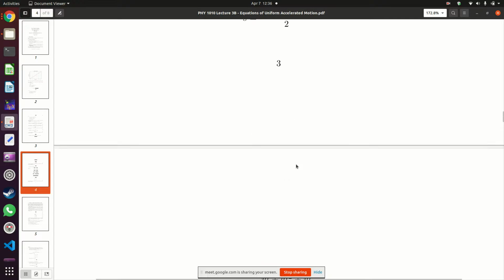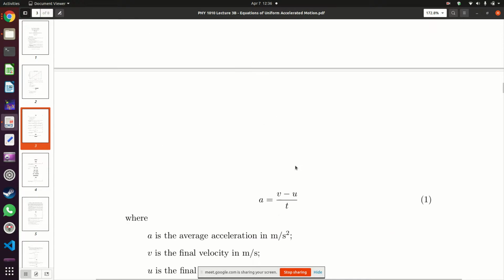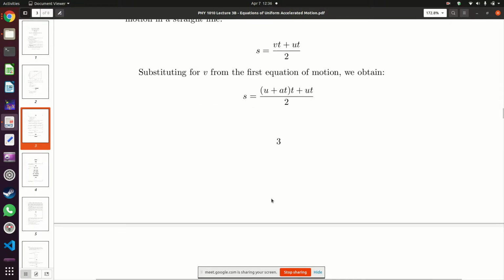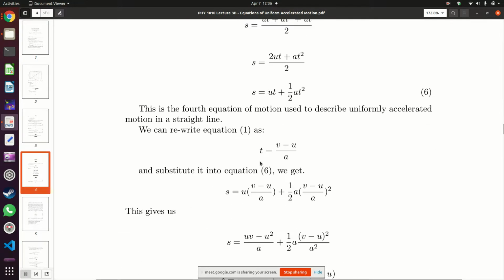Next thing we're going to do is from equation number 1, this one, a is equal to v minus u divided by t. We are going to rewrite this equation number 1 by making t the subject of the formula, so that we end up with t is equal to v minus u divided by a. Like this.